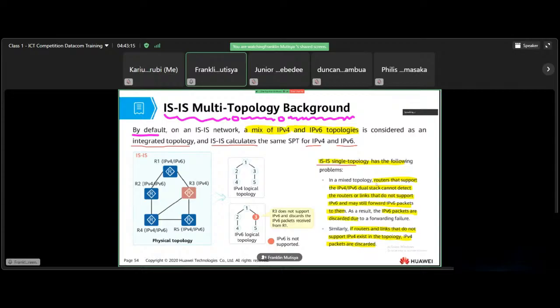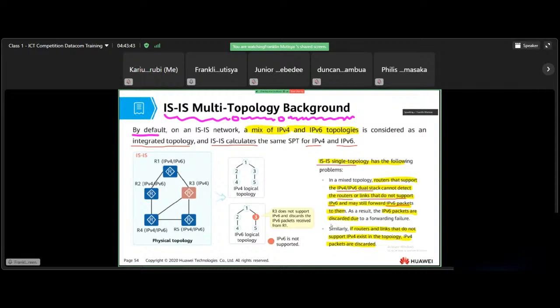Routers that support IPv4 and IPv6 dual stack cannot detect routers or links that do not support IPv6 and may still forward IPv6 packets to them. As a result, as they send these IPv6 packets to interfaces or routers which do not support IPv6, that will lead to discarding of the packets and hence forwarding failure.